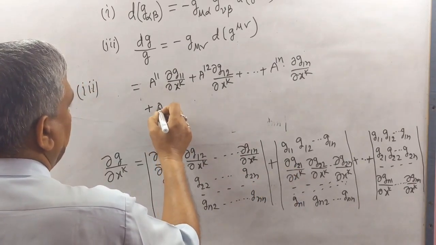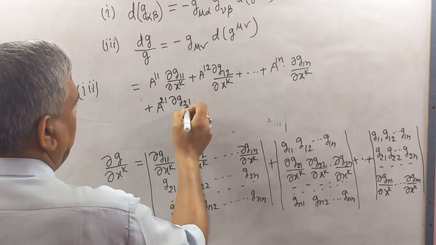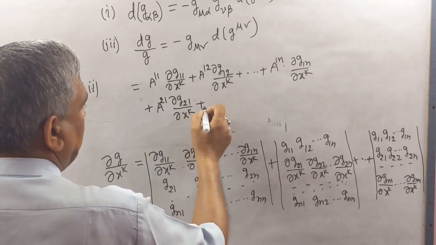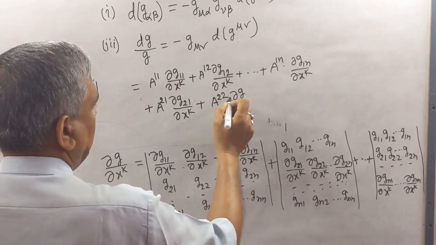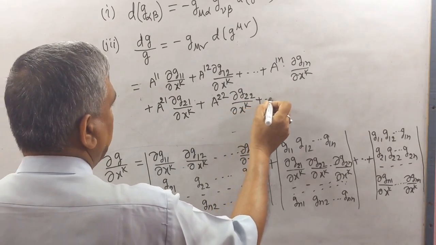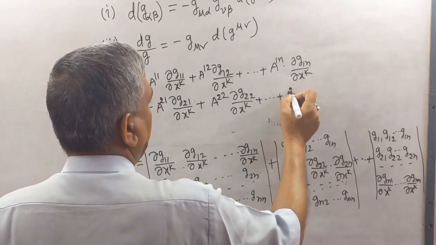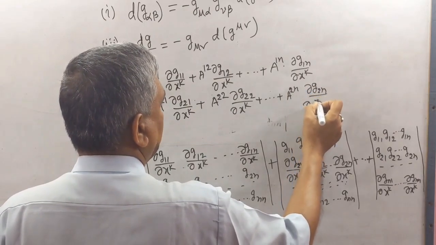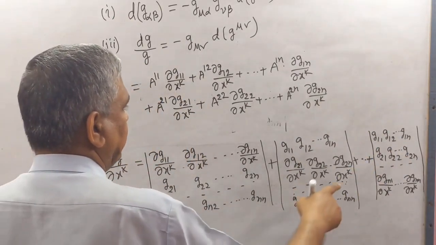So we write A21 del G21 by del xk plus A22 del G22 by del xk plus dot dot dot A2n del G2n by del xk, and we take the other determinants also.